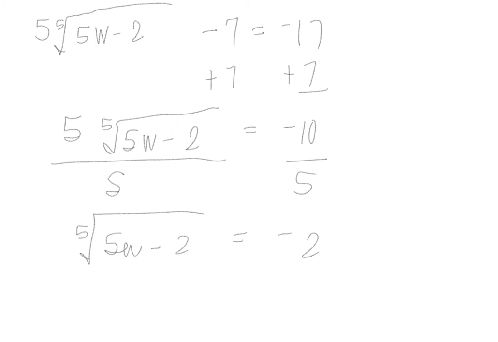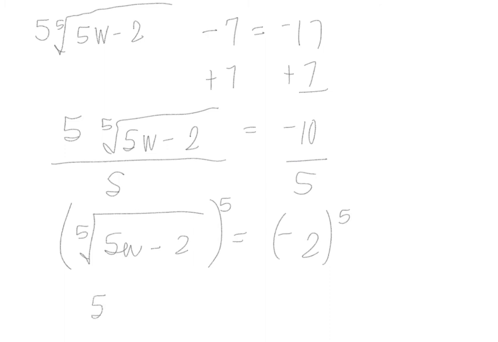So now that the fifth root is by itself, you got the fifth root of 5w minus 2 equals negative 2. To get rid of the fifth root, think about it really quickly. You wanted to get rid of this 5 earlier, and it was being multiplied, so you did the opposite. You divided. Well, to get rid of the fifth root, you do the opposite. You raise it to the fifth power. And what you do to one side, you must do to the other. That's only fair.